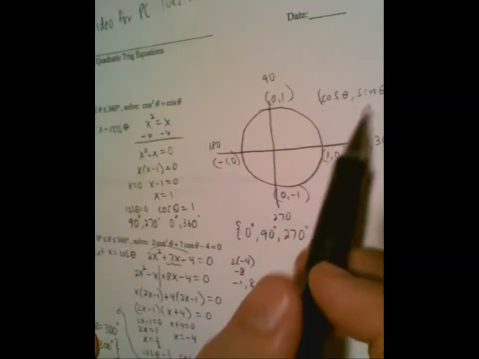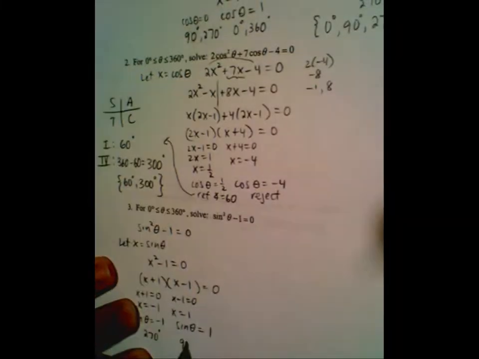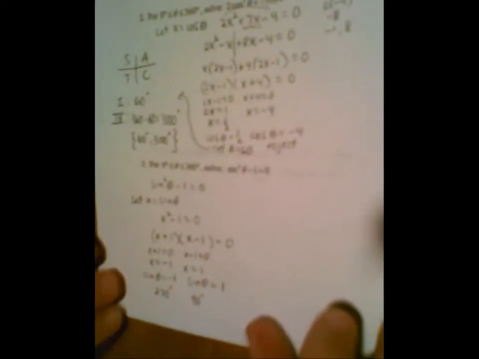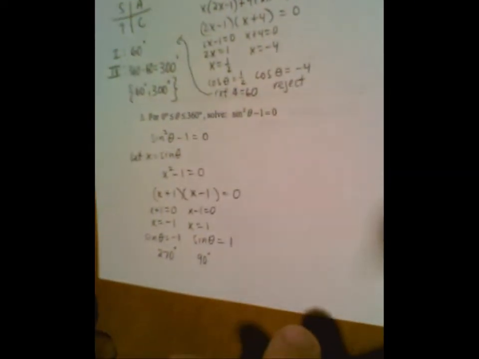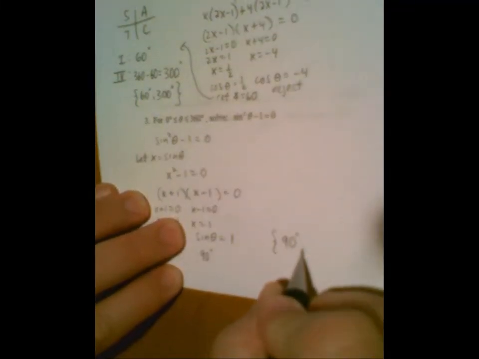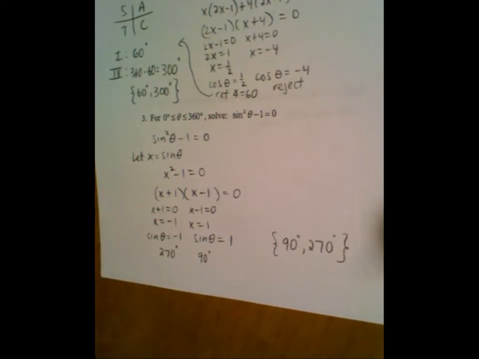Sine is positive 1 at 90 degrees. So the answer to this question is just 90 and 270.